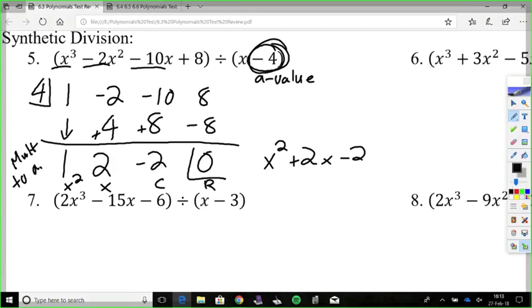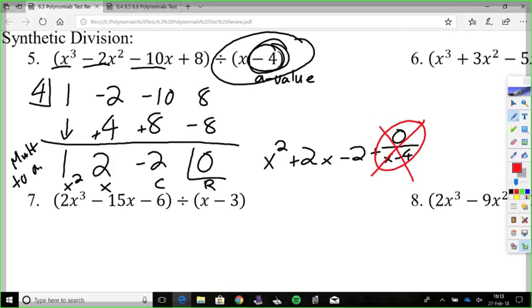But if you were to write the remainder, if it's something else, you'll put the remainder, in this case 0, over, kind of like you did in the previous long division problem, over that, x minus 4. Now again, since it's 0, we don't actually need this, okay? We can just leave it as this guy here. But if it's not 0, you would write it something like that fraction.